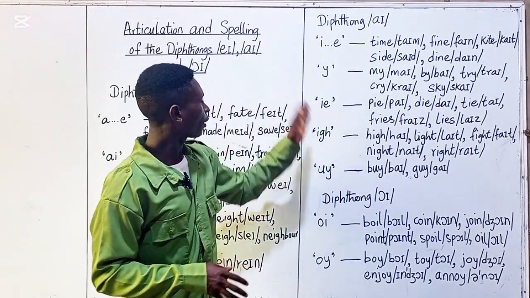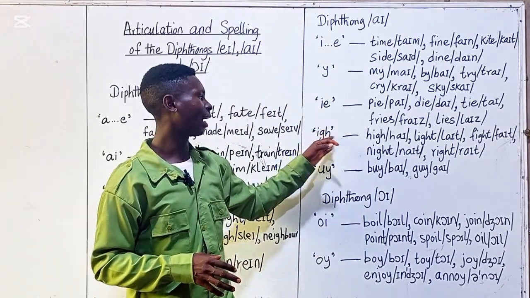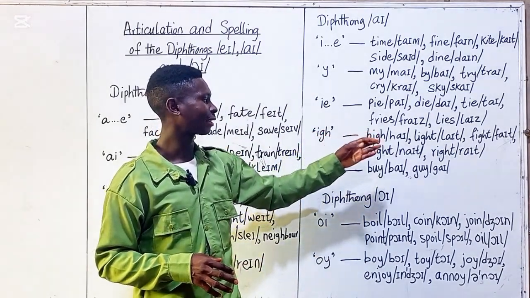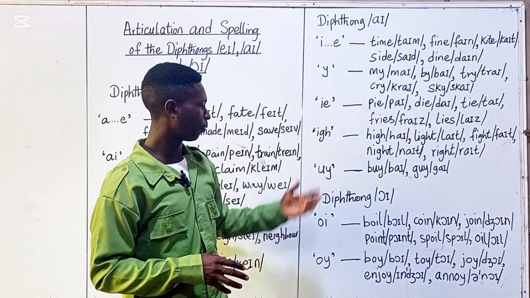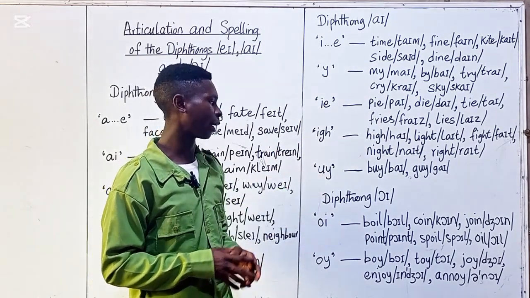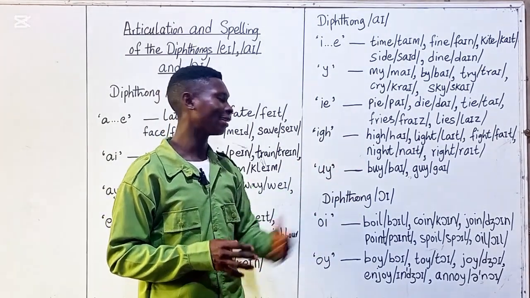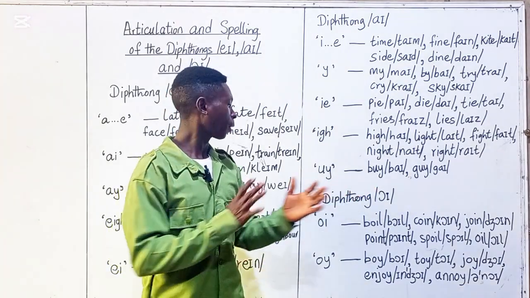Okay. Another spelling for the I sound is IGH, as in high, light, fight, night, and right. Then we have the last one for the I sound, which is UY, as in buy, guy. So you can add to the list.